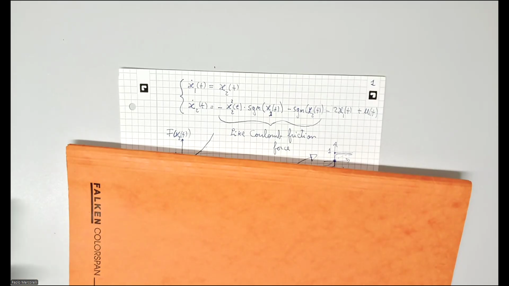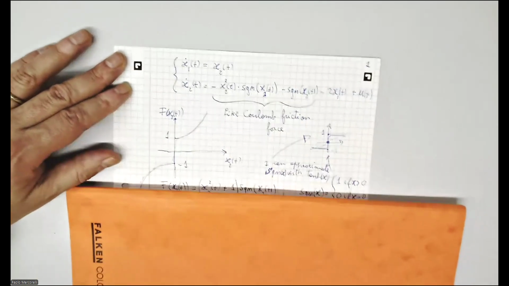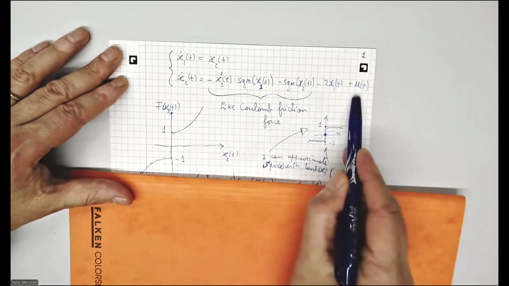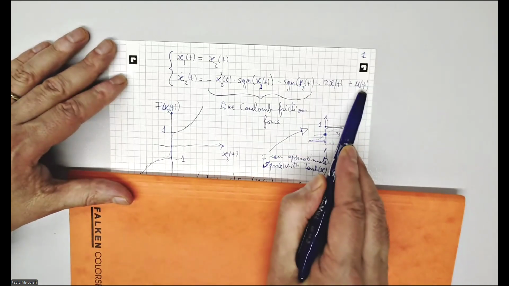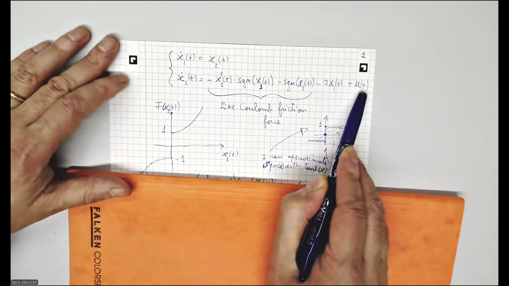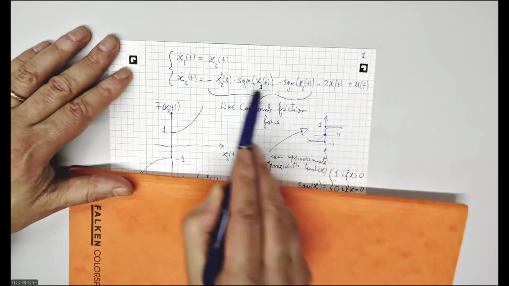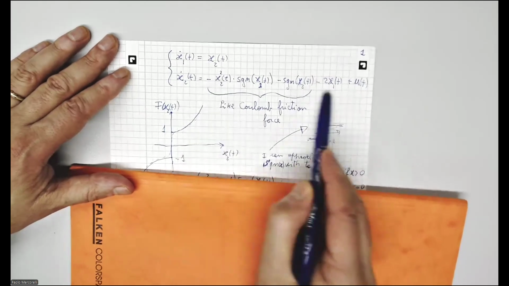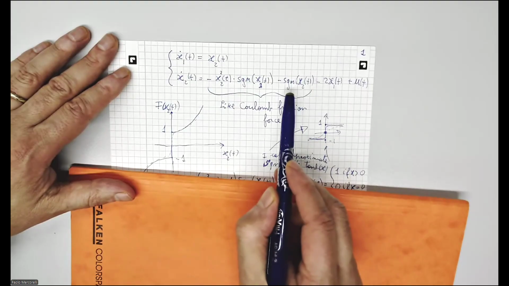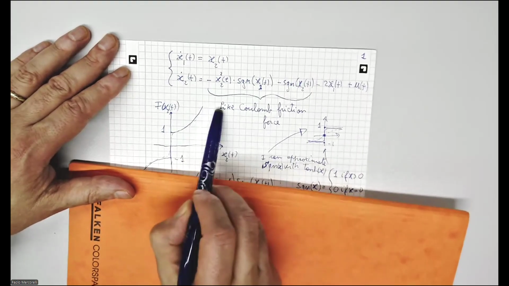Okay. Look, try to analyze this equation here. Again, this could be considered as a force, and all these elements represent, let me start with this, which is more complicated.